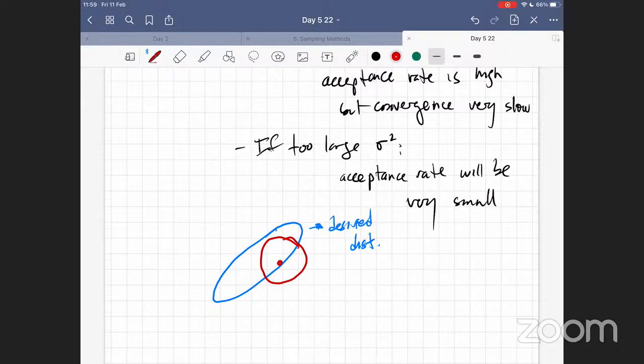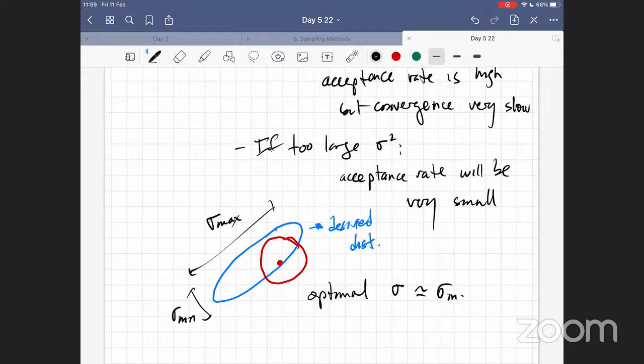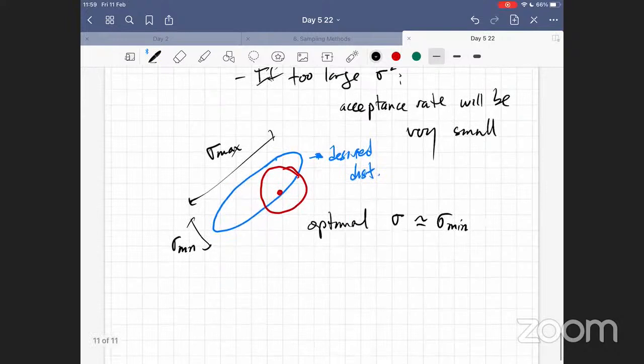So if this is sigma max and this is sigma min, roughly speaking, it's not a rule of thumb, it's what turns out, is that the optimal sigma would be approximately equal to the minimum sigma of the desired distribution.